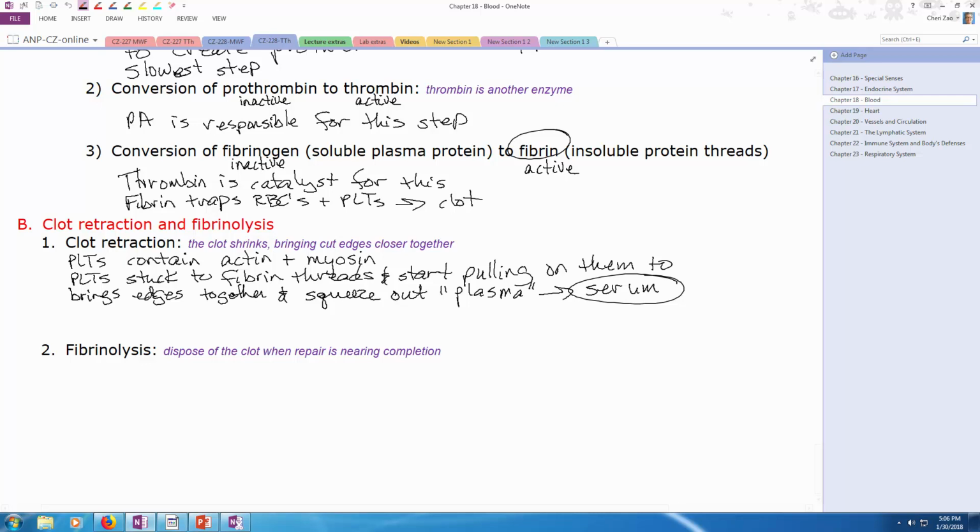But this fluid isn't just plasma anymore, because plasma has all kinds of stuff in it. This is now called serum. So if you've always wondered what's the difference between plasma and serum, serum is plasma minus clotting factors. So that's what we get.